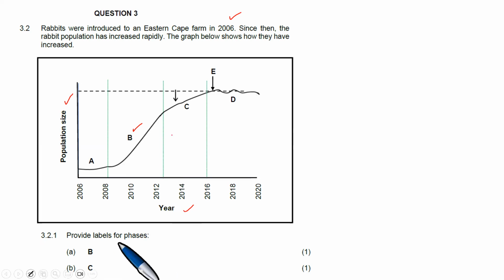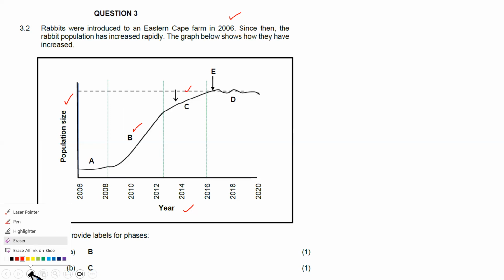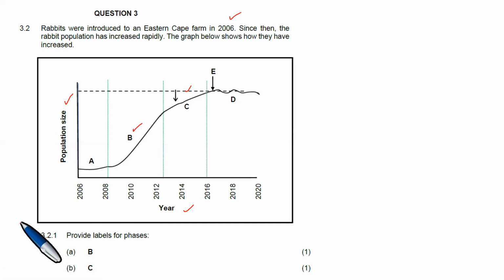And also, what is this phase here? So we are studying population. Studying population allows us to make certain observations about the population. What do you observe about the population?